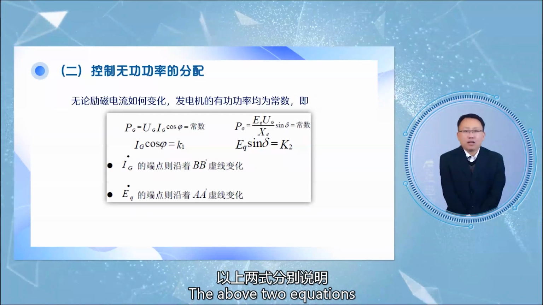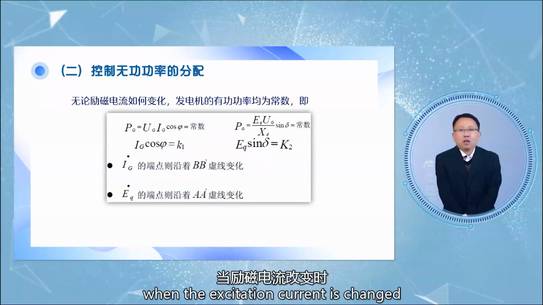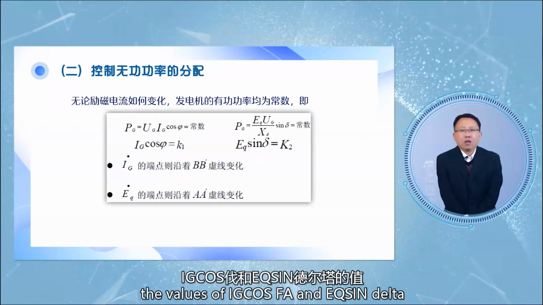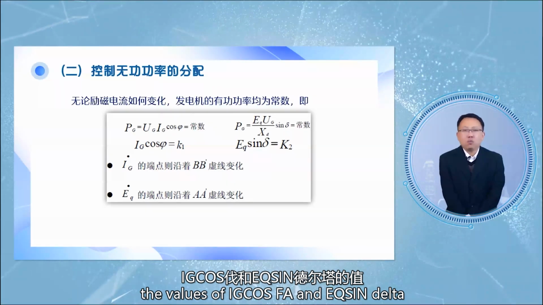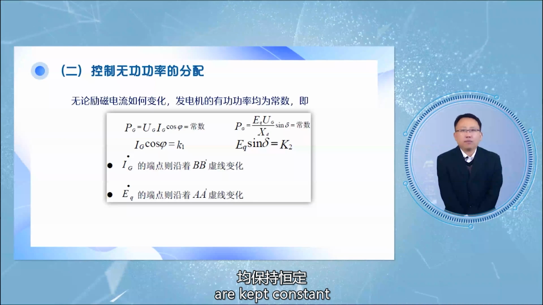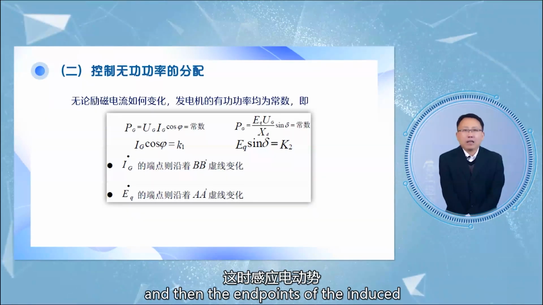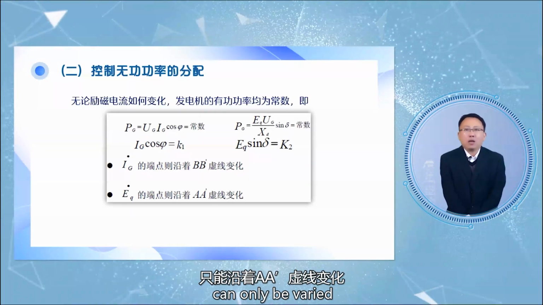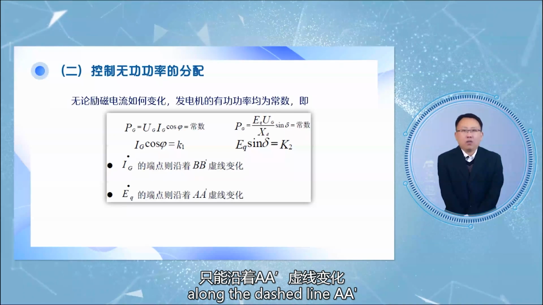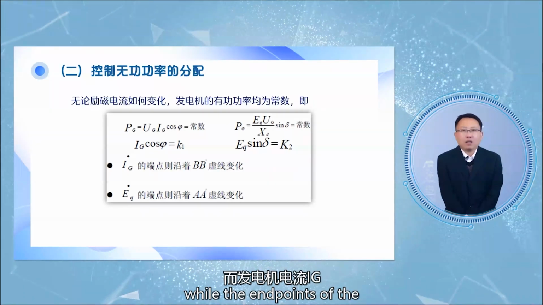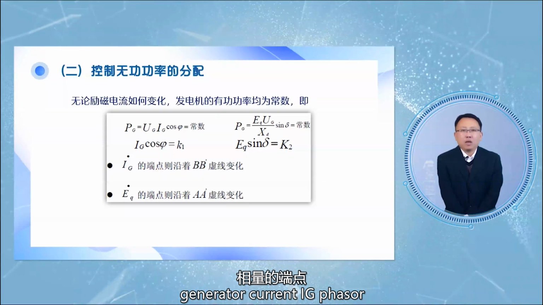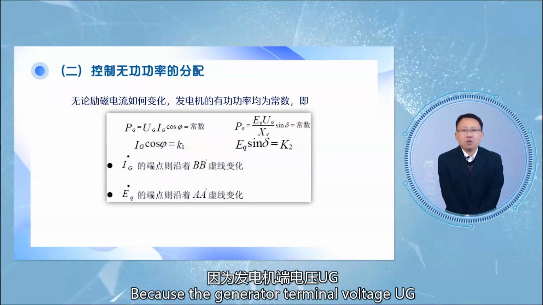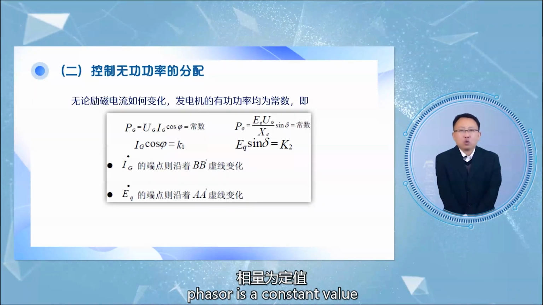The above two equations respectively show that when the excitation current is changed, the values of IG cos phi and EQ sin delta are kept constant. Then the endpoint of the induced electromotive force phasor EQ can only vary along the dashed line AA, and the endpoint of the generator current phasor IG varies along the dashed line BB, because the generator terminal voltage phasor UG is a constant value.